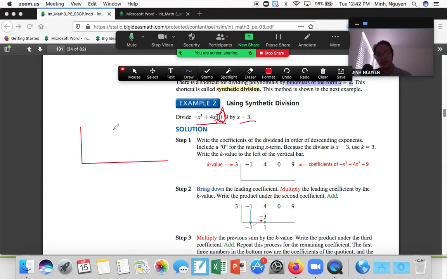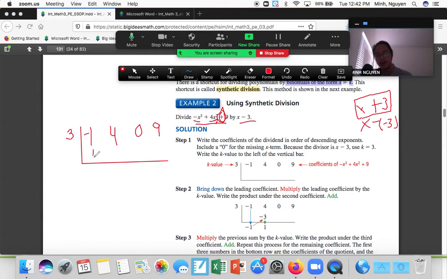X minus 3 means that k is 3. If the problem was divide by x plus 3, then that means it's x minus negative 3, and I would put a negative 3 there, but we're not, so we don't have to worry about it. So write the coefficients down: negative 1, positive 4, 0 as a placeholder, then 9.